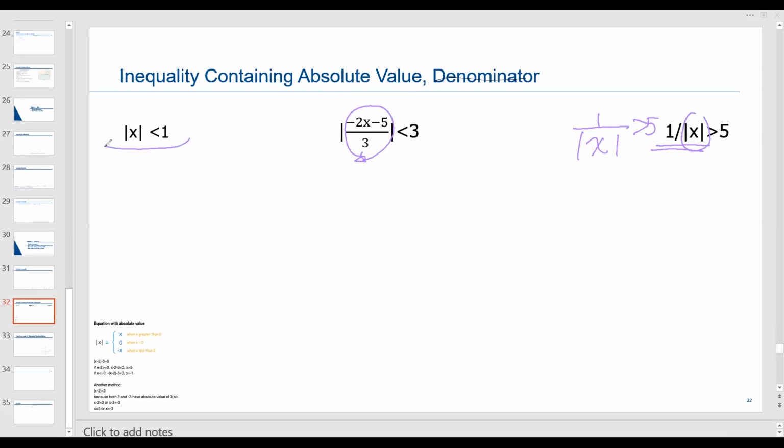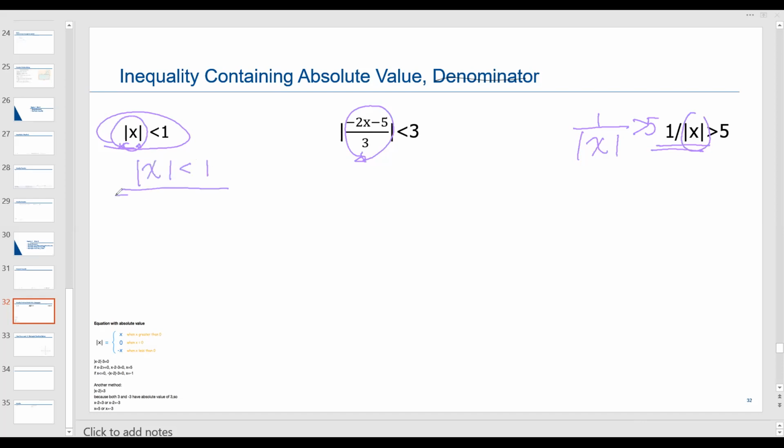Let's see this one. All right. So the absolute value of x less than 1 in this situation. Firstly, we need to find this absolute value less than 1.